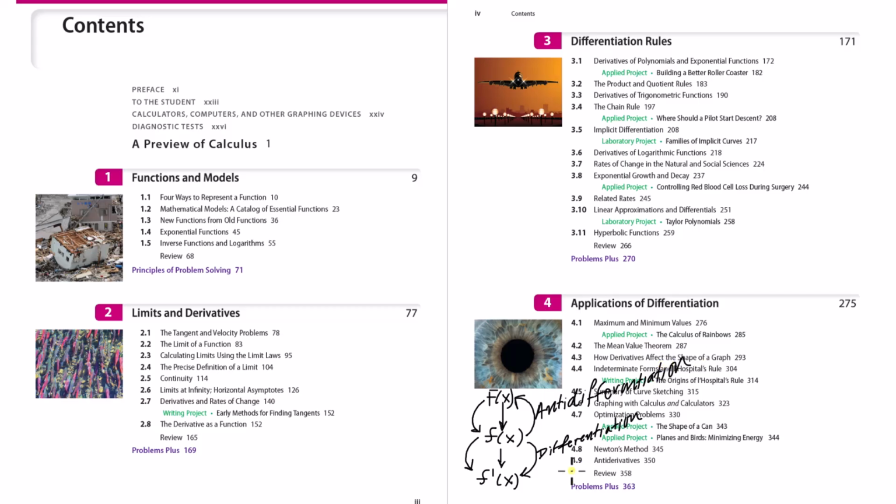That's it. So we solved the tangent line problem and the velocity problem by inventing the derivative. Then we created some very simple differentiation rules that make differentiation easy.